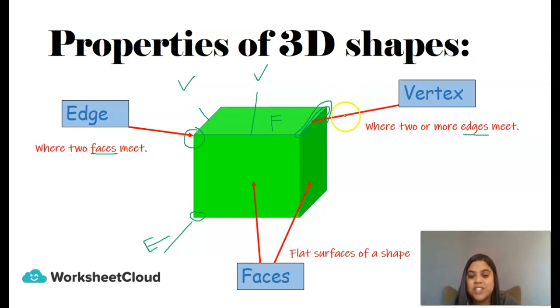And then the vertex is where the edges meet, like this long section here where the two shapes meet on the side. And then the faces are the flat surfaces of the shape. I'm going to just leave it there for you for a little bit, okay? So that you can get an idea of the properties of 3D shapes.